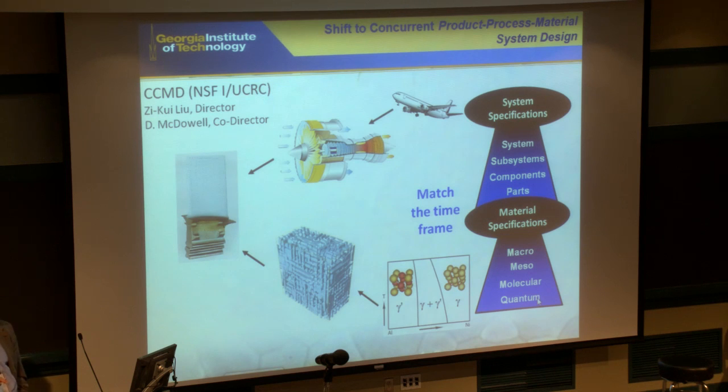What we don't have a handle on at all is the way of moving this design chain down through microstructure from macro through mesoscopic microstructural levels down to molecular and quantum levels. And one of the big reasons is that we can only do bottom-up calculations. You can't invert these calculations because they're dynamic, they're not all thermodynamic in all cases.